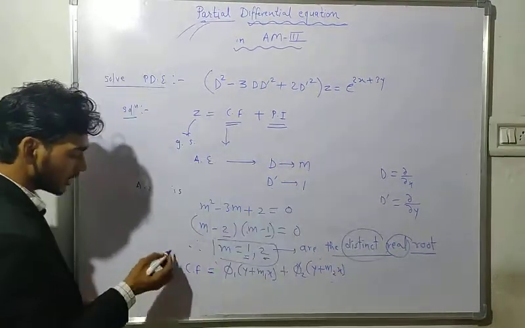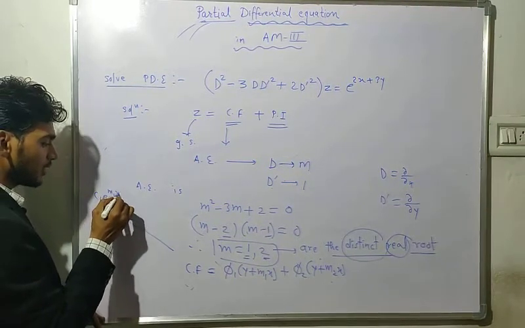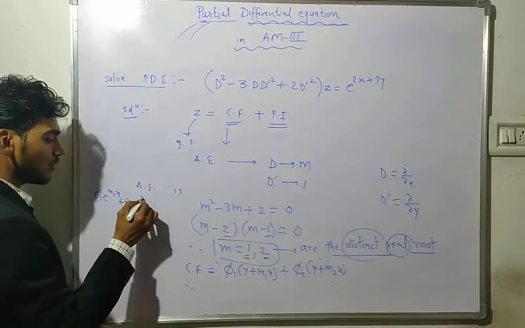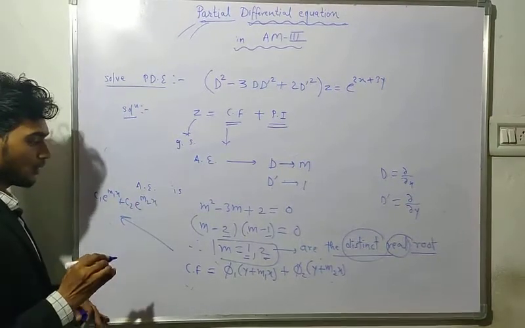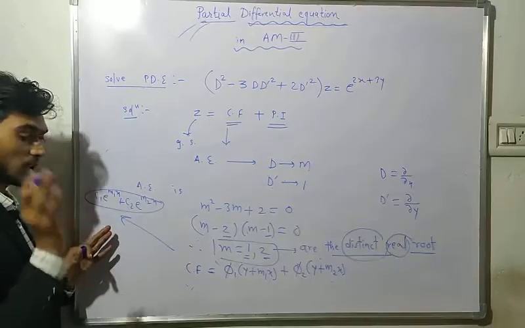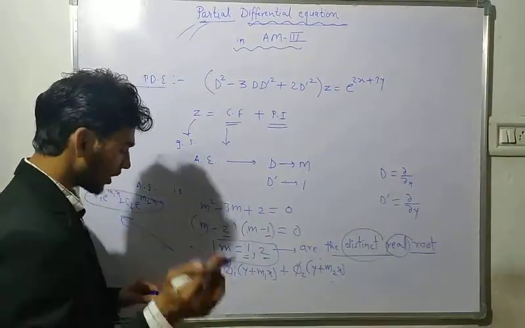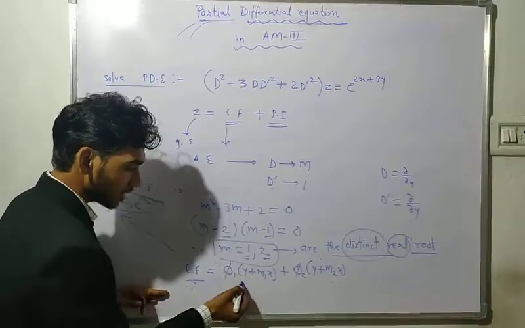Recall that in first year we used c1 e to the power m1 x plus c2 e to the power m2 x, that is for ordinary differential equations. But this is a partial differential equation, so we find the complementary function this way.